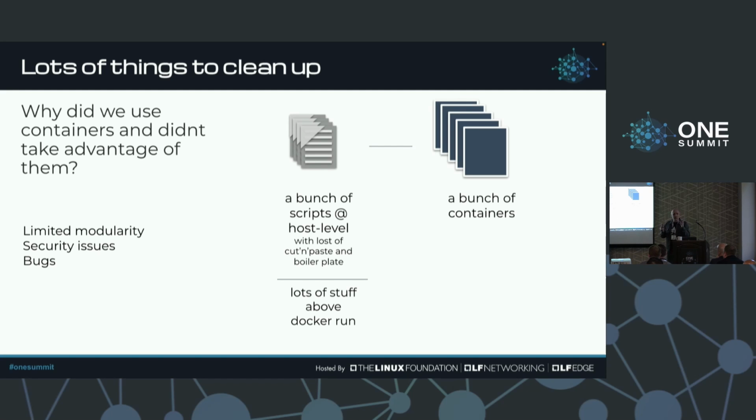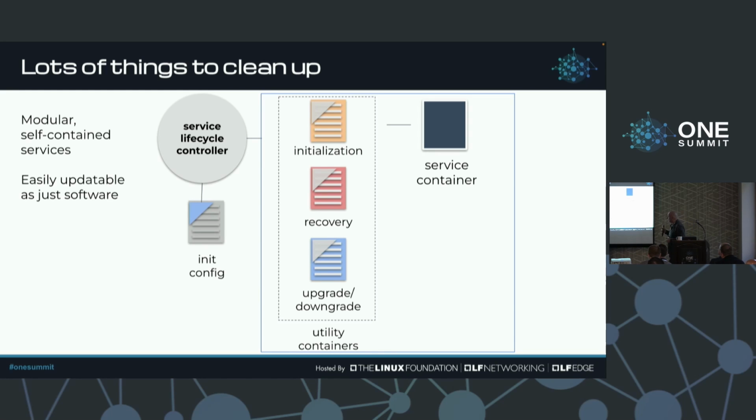They thought, oh, I can use containers to get this amazing modularity, and then it was amazing, too amazing, and it ended up with a bunch of bash scripts running on the host, with crazy interdependencies and a lot of boilerplate and copy-pasting inside. It's wrapping a lot of docker run with complicated stuff, and nobody knows what it's for; depending on who you ask, they'll give you a completely different answer. Pulling one thread basically unravels the whole thing. It's kind of complicated. So we need to further modularize things.